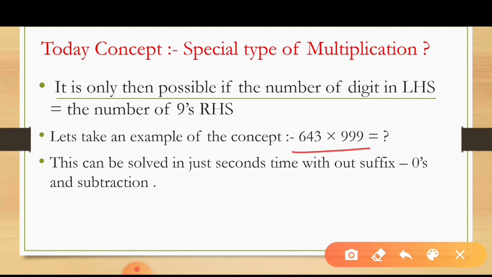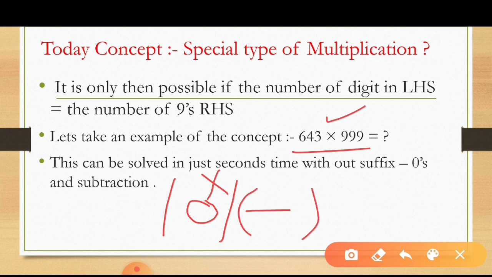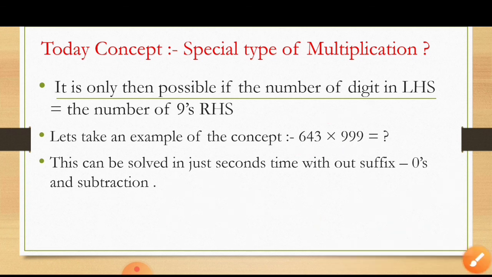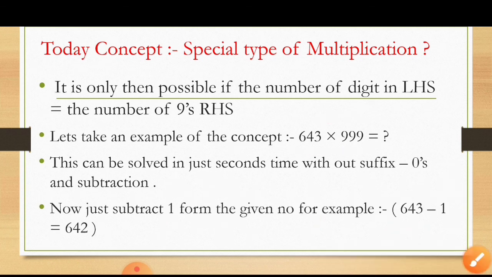You can solve these sums in a few seconds without putting a suffix, and without doing subtraction, directly.